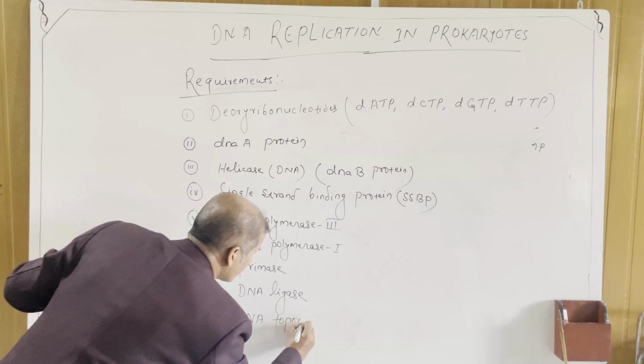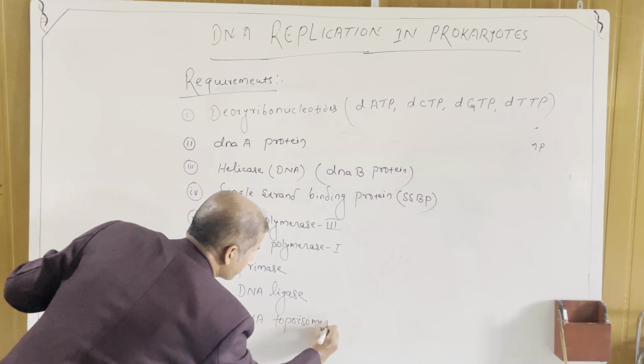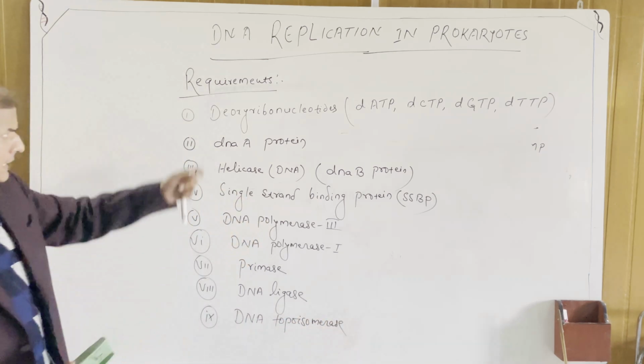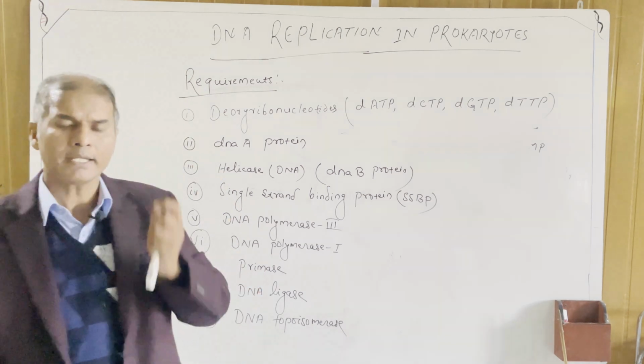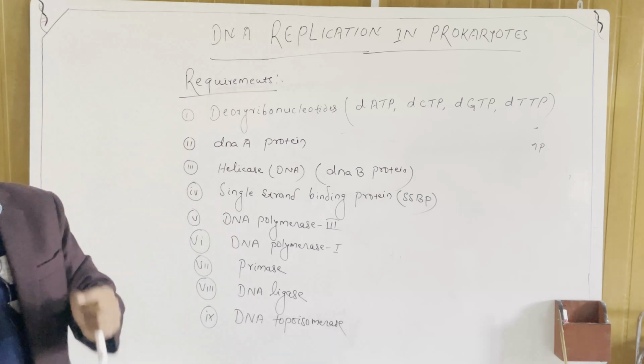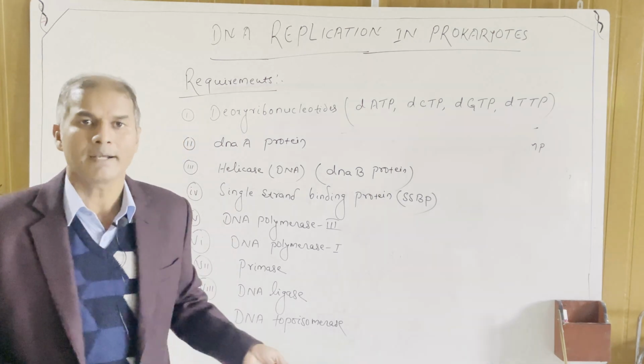DNA topoisomerase is required. By using these requirements, the bacterial body can simply synthesize daughter DNA from parental DNA molecules.